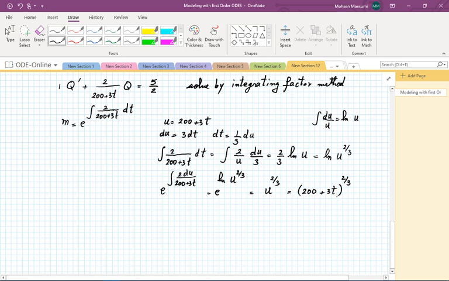So our final upshot of all of this was that m turned out to be 200 plus 3t to the power of 2/3. That's an integrating factor. So what do we do with it? You remember, we take this thing again. Let me just pause again. Insist that you go through this process again and make sure you got it right.